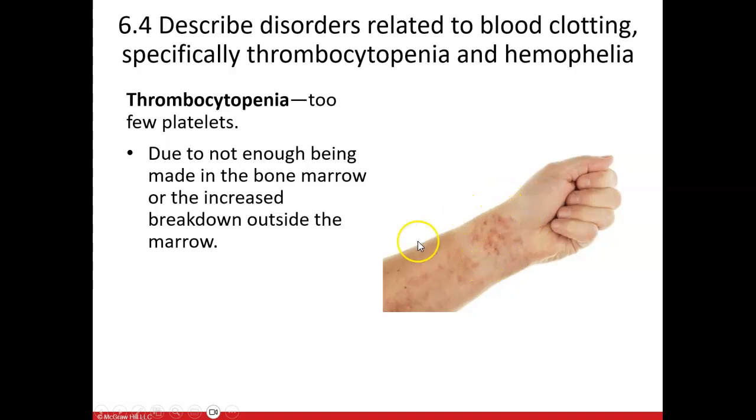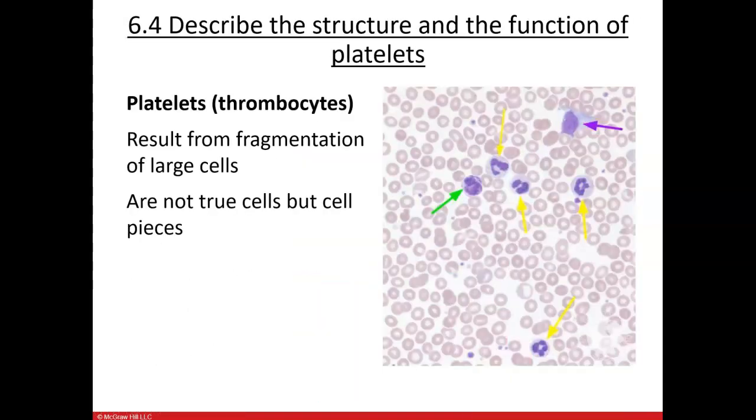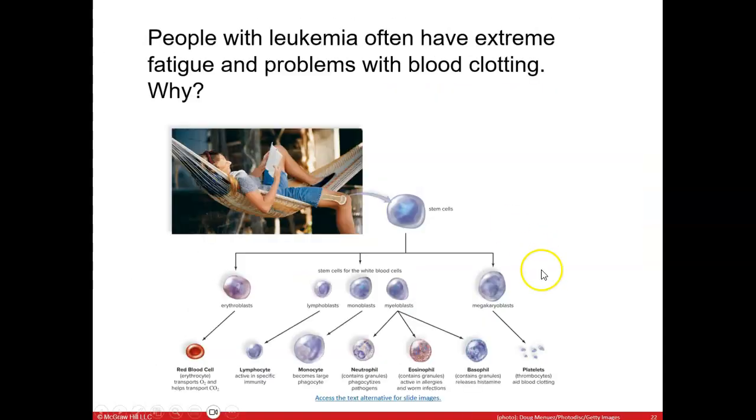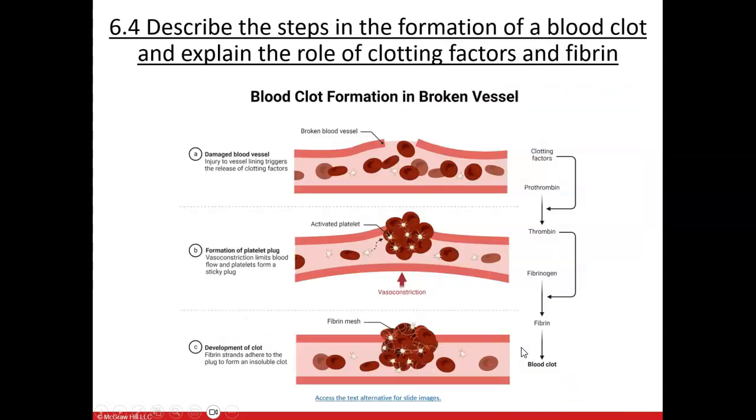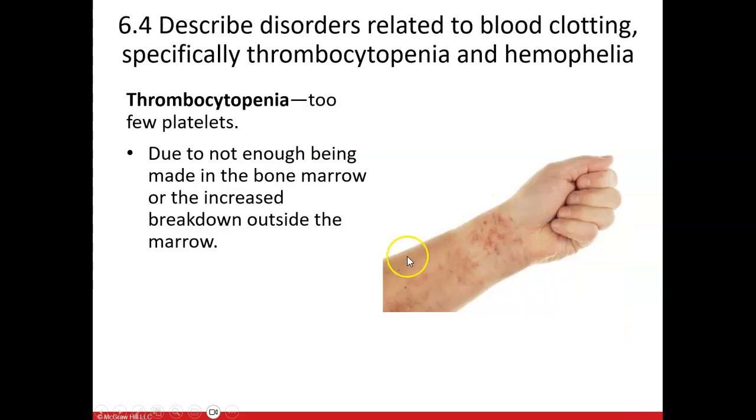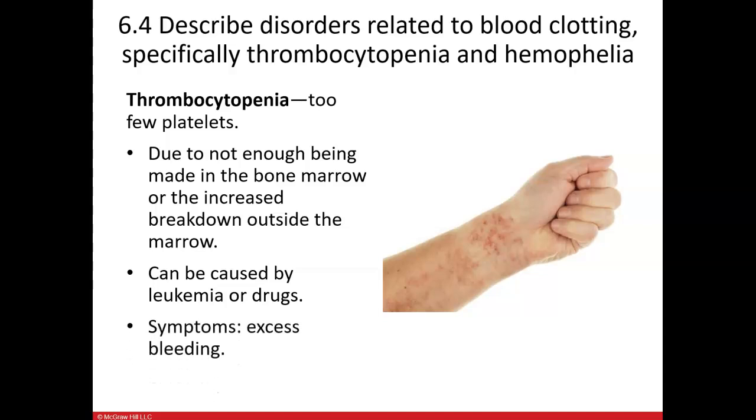So this is a sign that something's wrong with the platelets. Remember when we looked at leukemia, if you have too many white cells, you might not have enough platelets. So you can have blood clotting problems and you might get this appearance in the skin. So thrombocytopenia, too few platelets, can be caused by leukemia, and some drugs can cause that too. You can have excess bleeding.